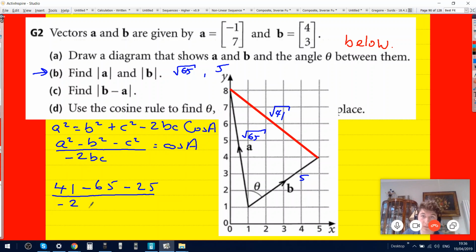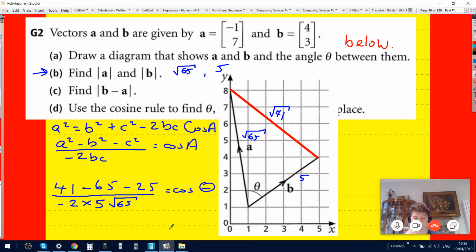Minus b squared, 5 squared, minus square root of 65 squared, over minus 2 times 5 times square root of 65.